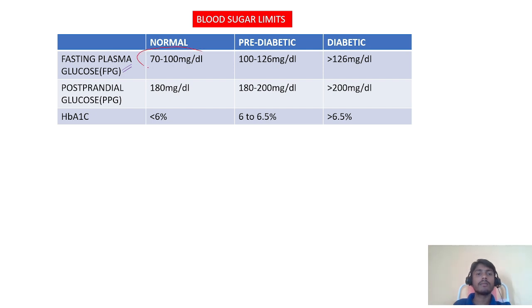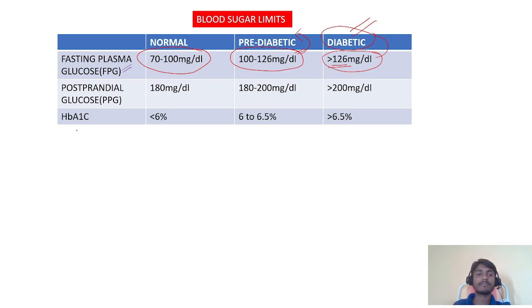The normal blood glucose is 70 to 100 mg per deciliter. If it is 100 to 126 mg per deciliter, we consider it pre-diabetic, meaning about to become diabetic. If it is greater than 126 mg per deciliter, we call that condition a diabetic patient.